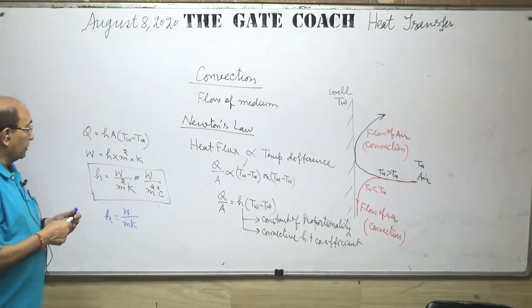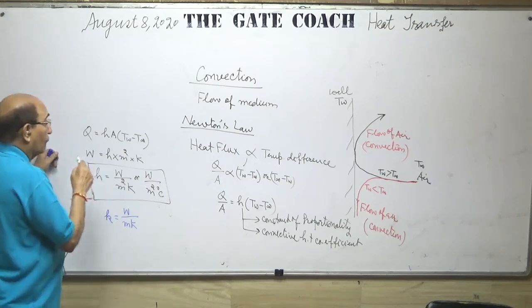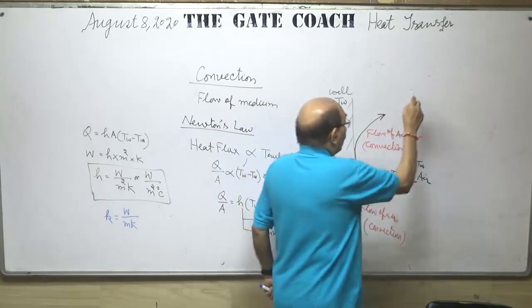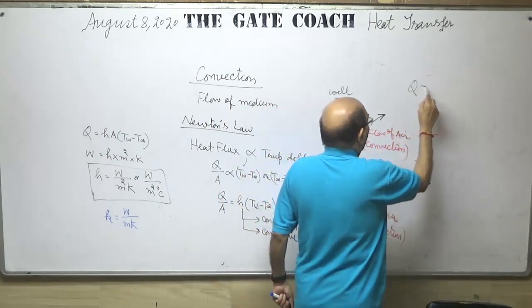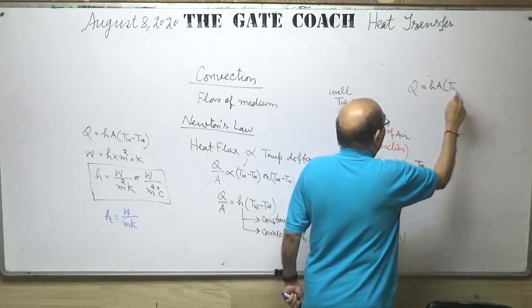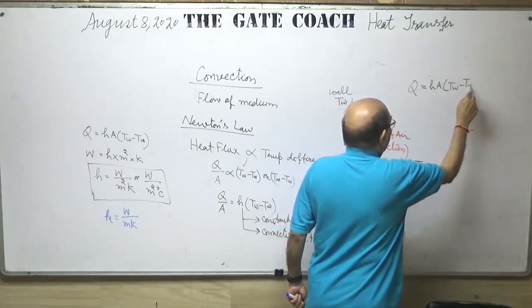So our equation is becoming Q is equal to H A into Tw minus T infinity.